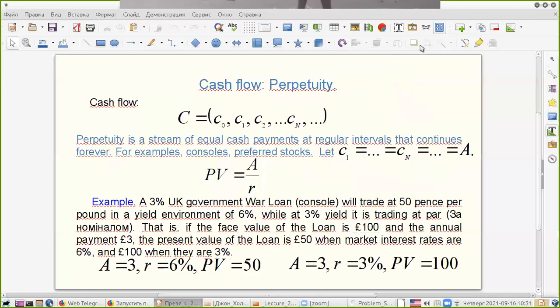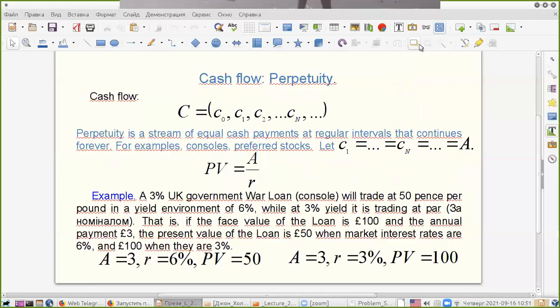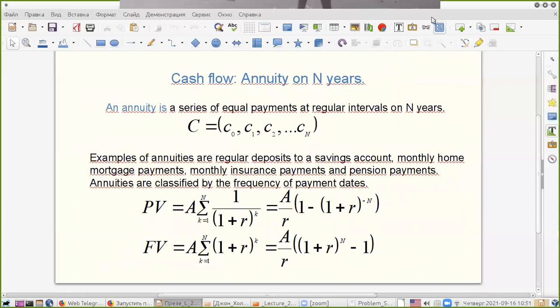But there is another kind of cash flow, and it's annuity on n years. What is the difference? An annuity is a series of equal payments at regular intervals too, but not forever, only on n years. Understand? That's the difference.